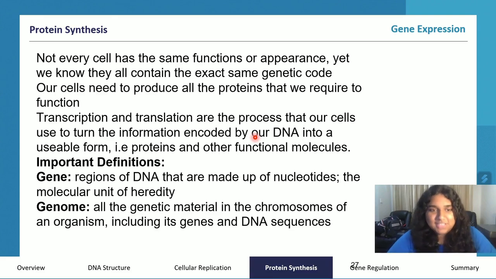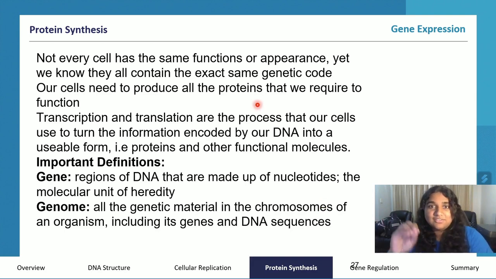So, after cellular replication, we're going to talk a little bit about gene expression. As we talked a little bit about before, somatic cells and germline cells do not have the same function or appearance. However, through genetic study, we know that every single cell in a particular organism contains the exact same genetic code. Unfortunately, not all of that genetic code is going to be used by that cell, because it has a certain structure and function that it needs to do.